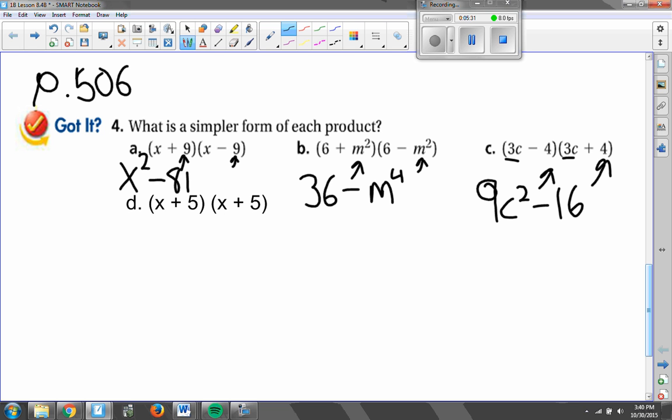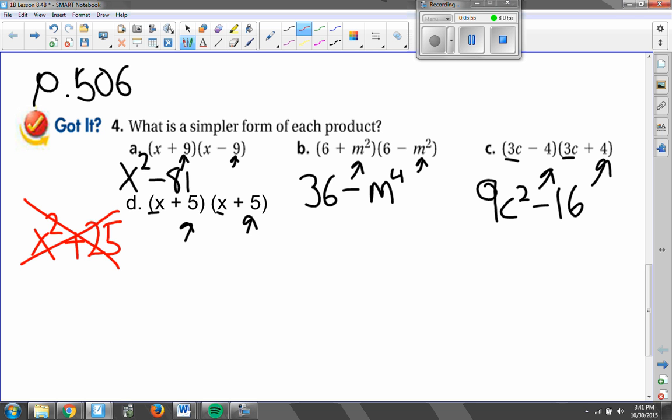And now the last one, I see a 5 there, and I see a 5 there, an x and an x, but I have a problem here. I have a plus sign and a plus sign, which means I don't get to use my shortcut. So in this case, x squared plus 25 is not correct.